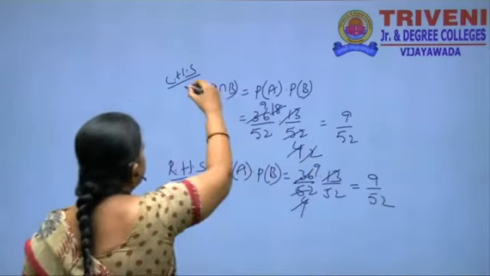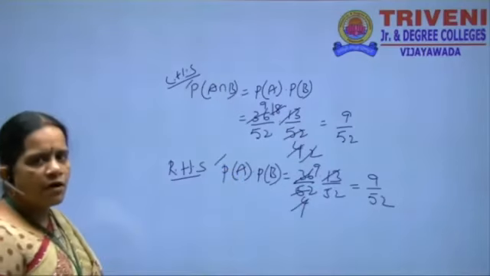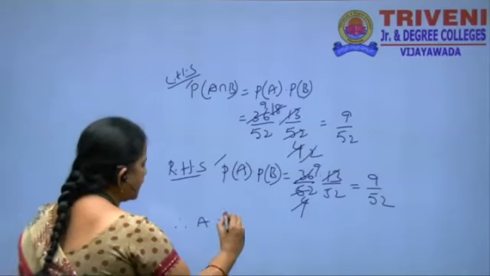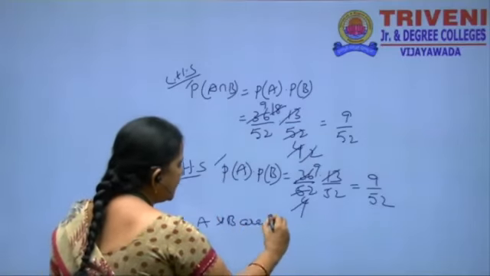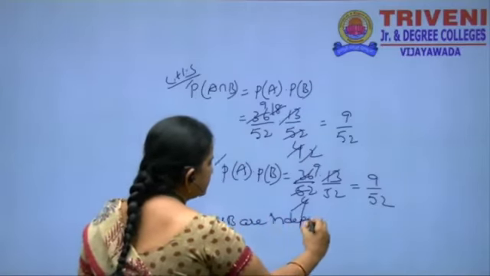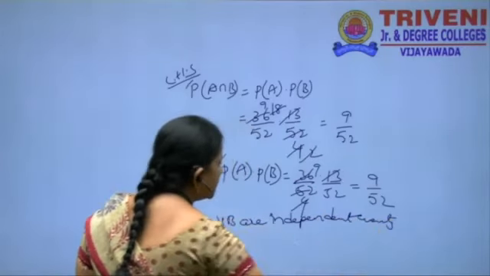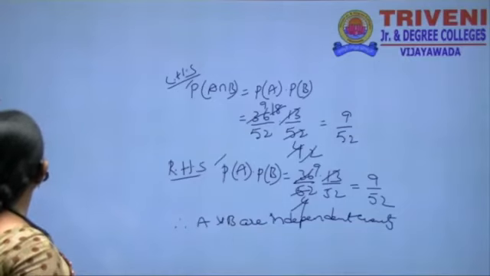P of A intersection B is equal to P of A into P of B. Therefore, A and B are independent events. Okay, and then we are going to the next one.